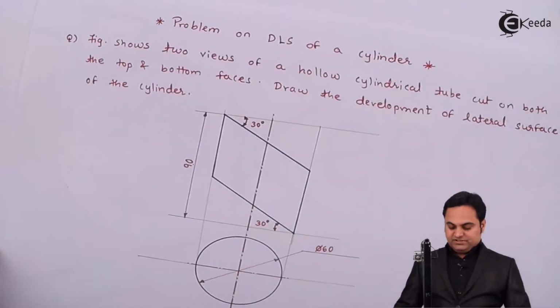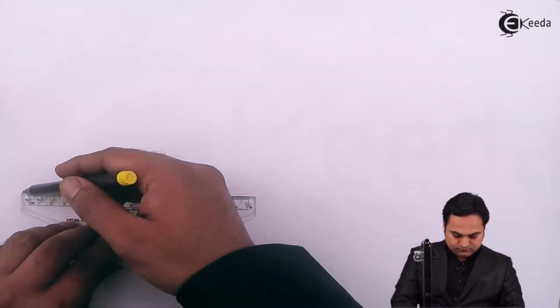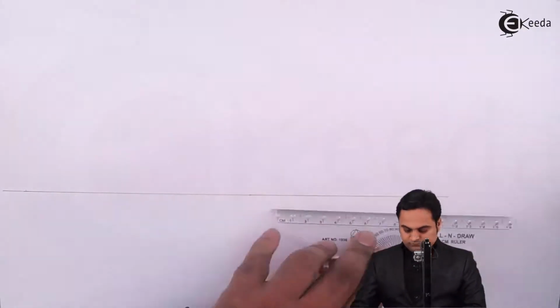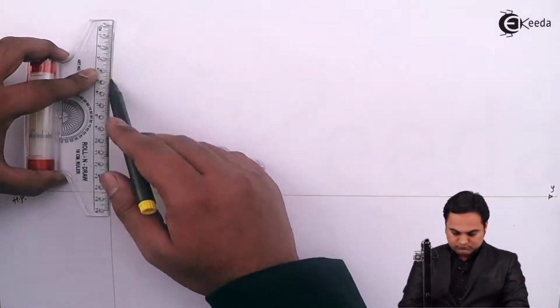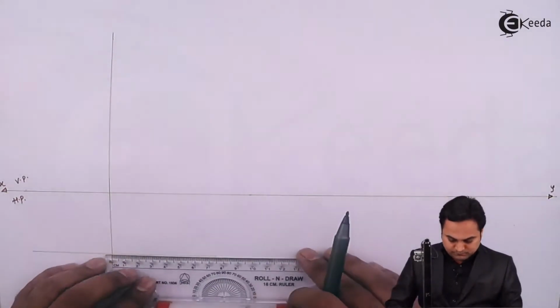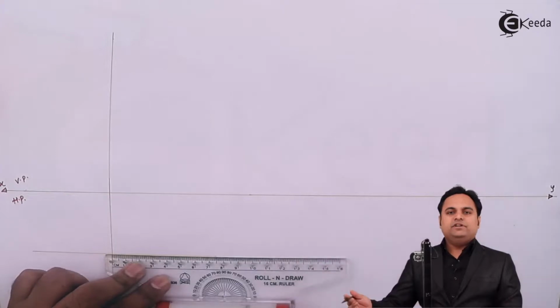Cylinder having diameter 60 and height 90 mm. Diameter is 60 mm, so radius is 30.